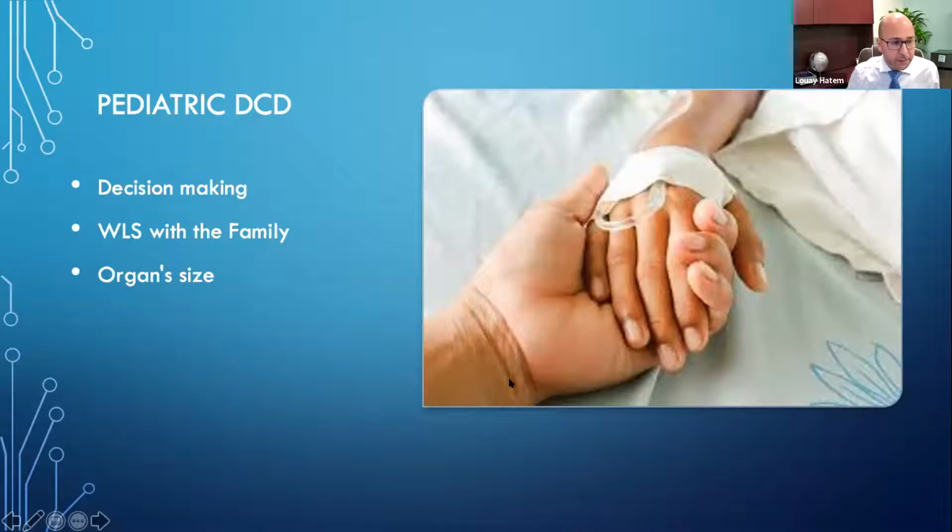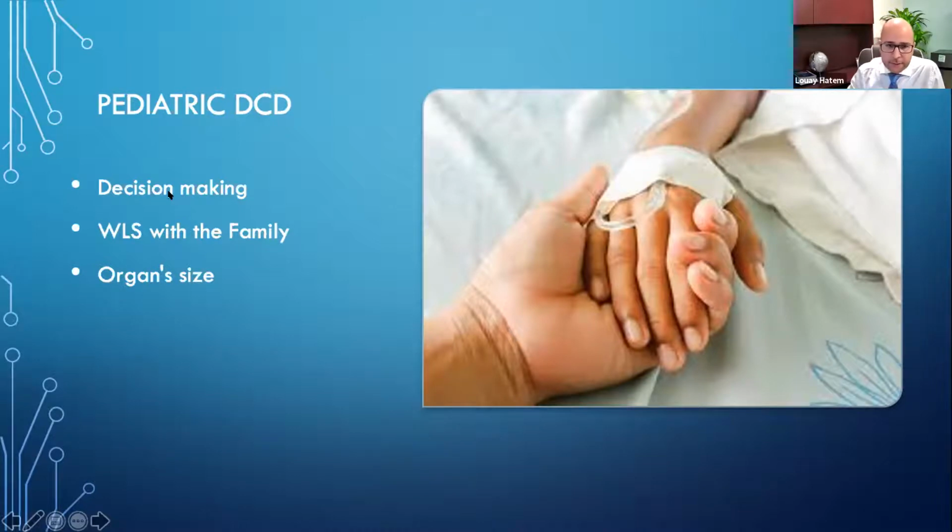So in pediatric DCD, there are a couple of challenges. First is the decision making. The withdrawal of life support is always a difficult decision, especially when it's a child. It's a tragic event. The family is going to be in a very difficult situation, and to mention donation also makes it more difficult.